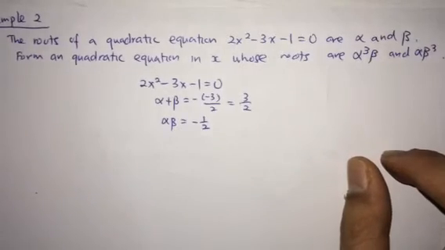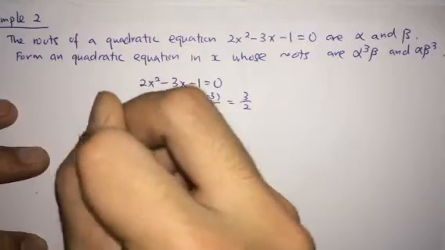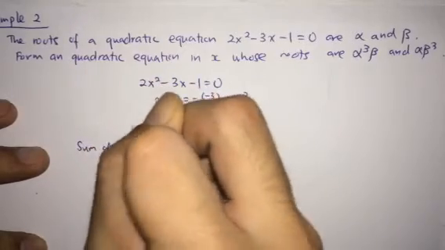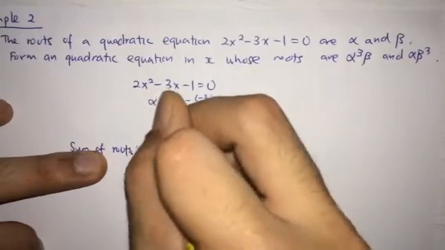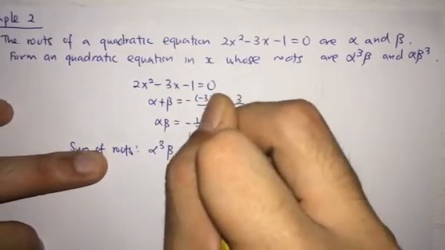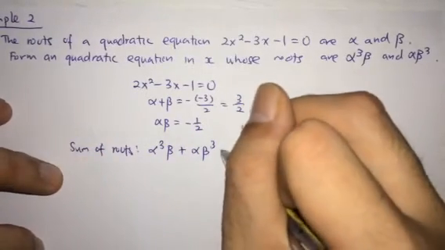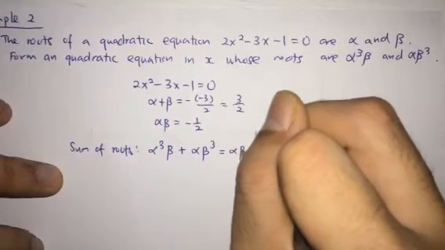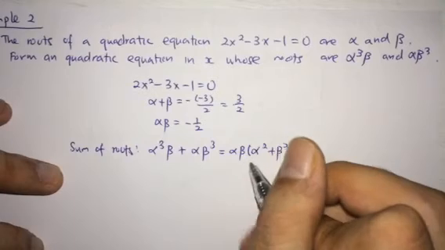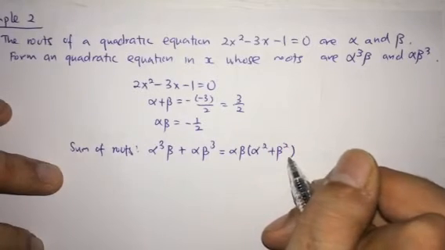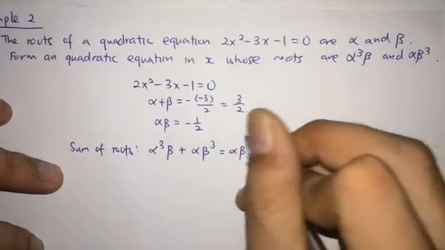Okay, to find a quadratic equation, if you remember what I said just now, we first find the sum of roots. The sum of roots here refers to the two roots here. So the sum of roots will be alpha cubed beta plus alpha beta cubed. We need to do some simplification of this, so we will just factorize it. By factorizing it, you will realize that they require me to find alpha squared plus beta squared. From the previous example, I hope that you already learned how to find this.